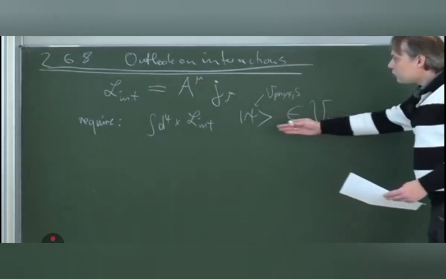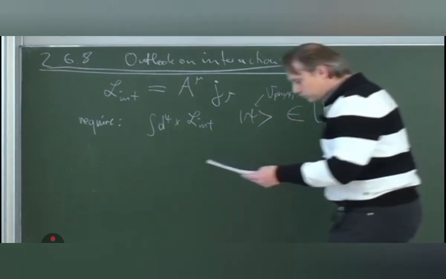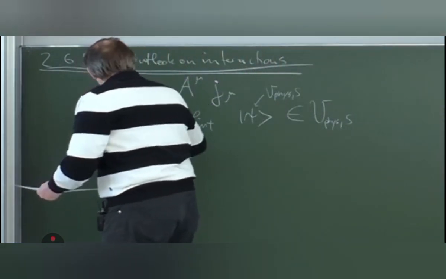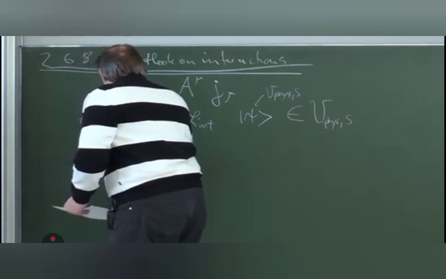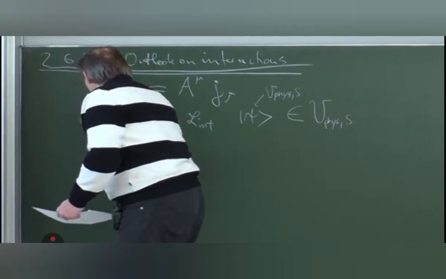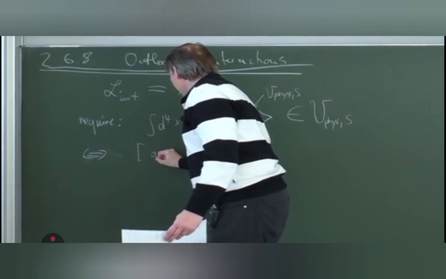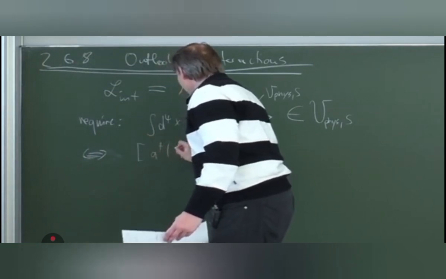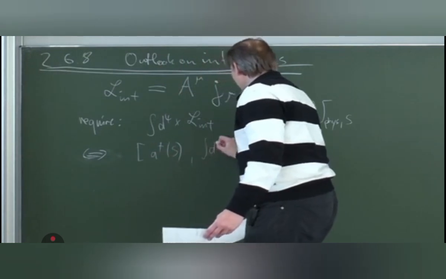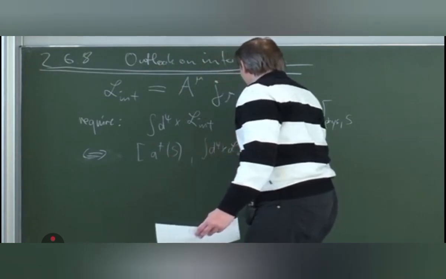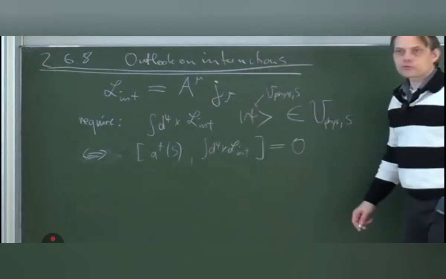And what is the mathematical implication of this requirement? So basically, all of this is equivalent to requiring that the commutator of A_S with those interactions should be 0.